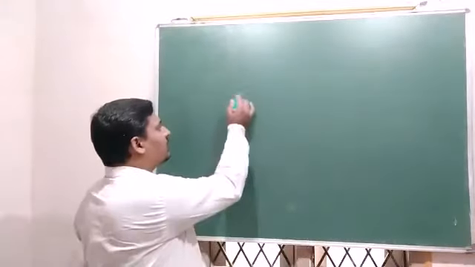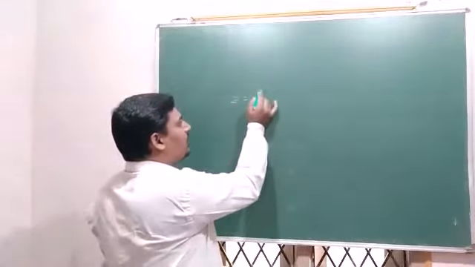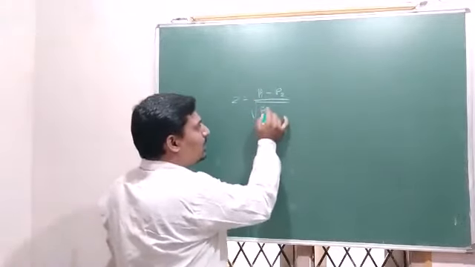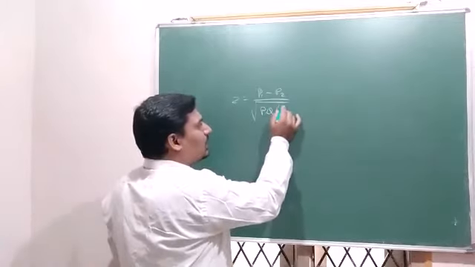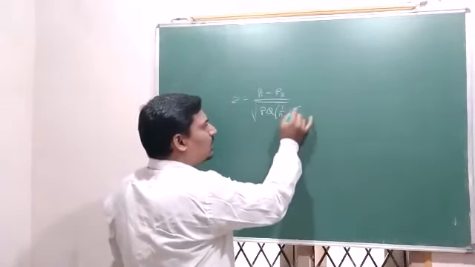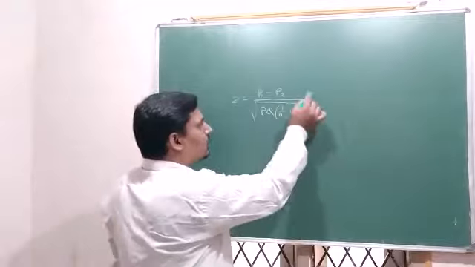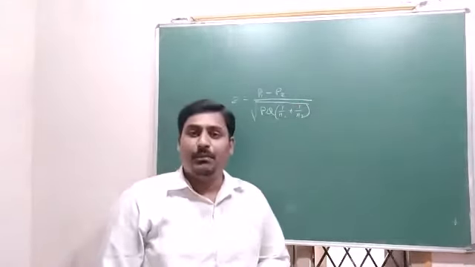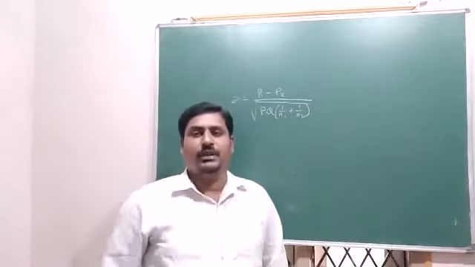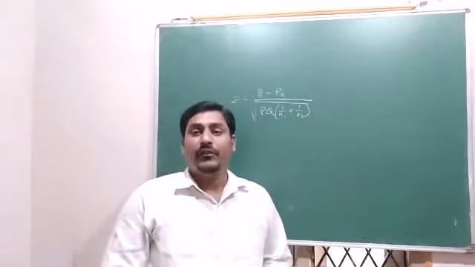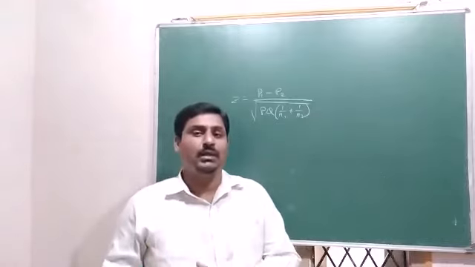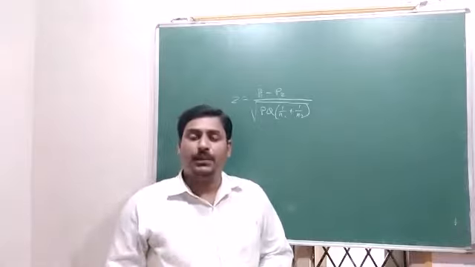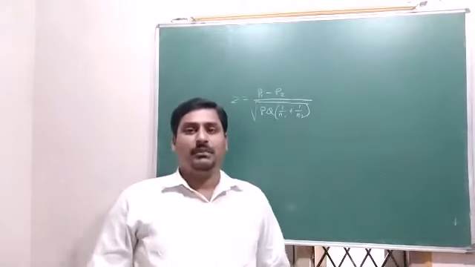So here the formula for Z statistic is P1 minus P2 divided by root of P into Q into bracket 1 divided by N1 plus 1 divided by N2. Here P1 and P2 are the sample proportions of both the populations. P1 indicates the first population's proportion with the help of the sample, and P2 indicates the proportion of the second population with the help of the sample.